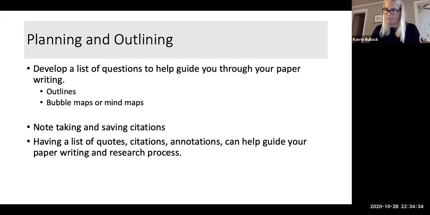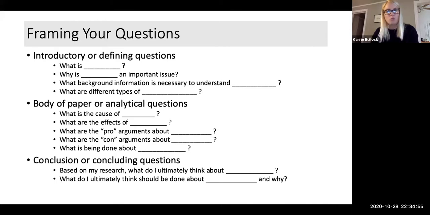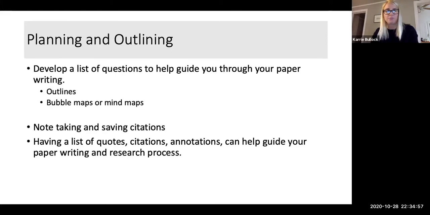Give yourself time to make that outline, pull in other quotes, pull in other experts, read the citations or the works cited that the other authors used, and let those guiding questions help you to write that outline.